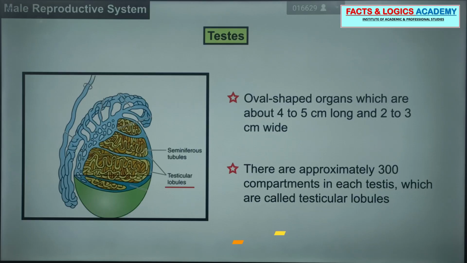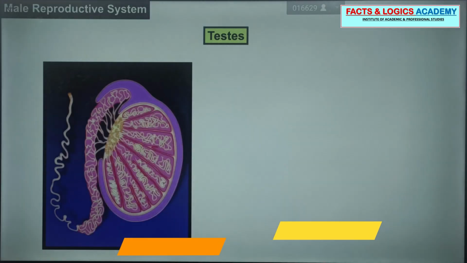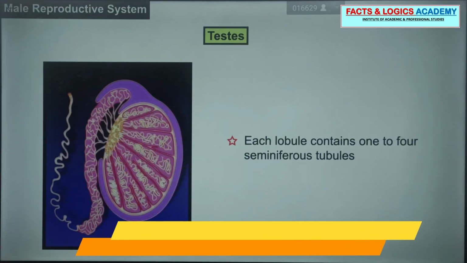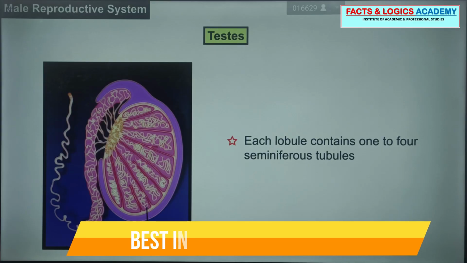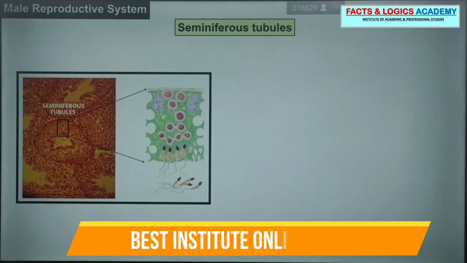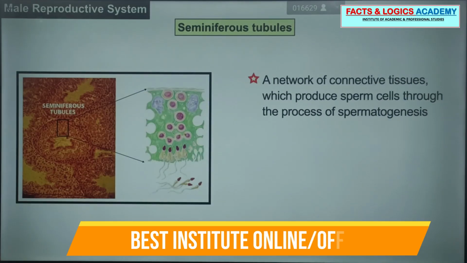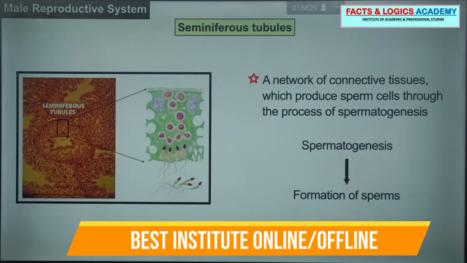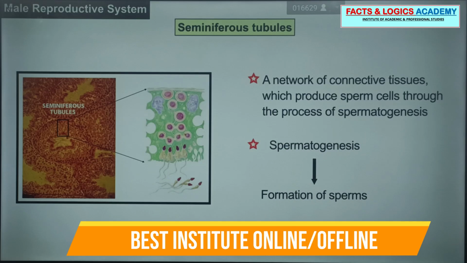There are approximately 300 lobular compartments in each testis. These compartments further consist of very tiny tubes known as the seminiferous tubules. Although it sounds simple, but the seminiferous tubule is a network of connective tissues which produce sperm cells through the process of spermatogenesis. And as discussed earlier, spermatogenesis is the term used for the formation of sperms.